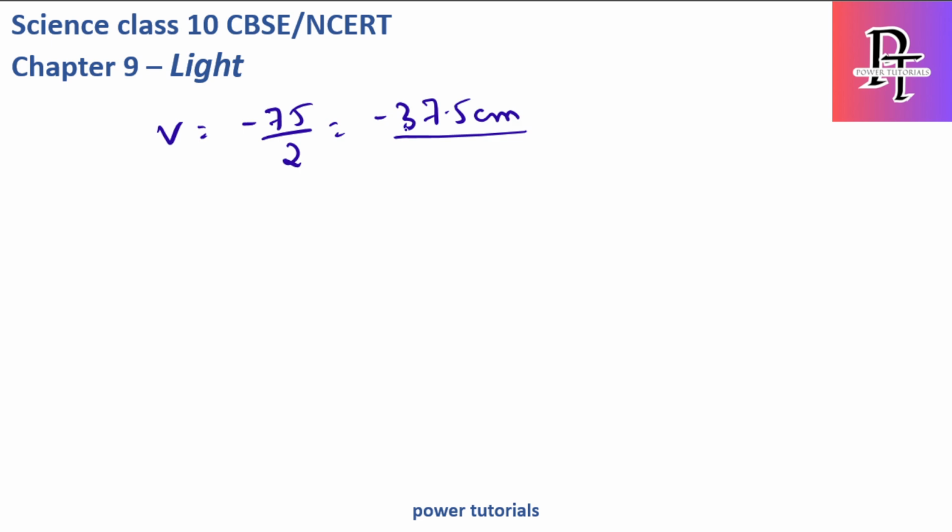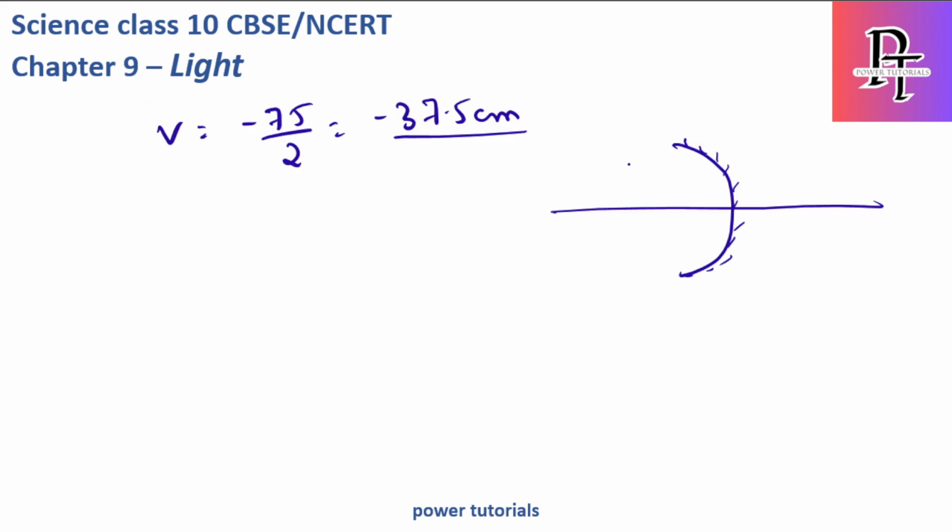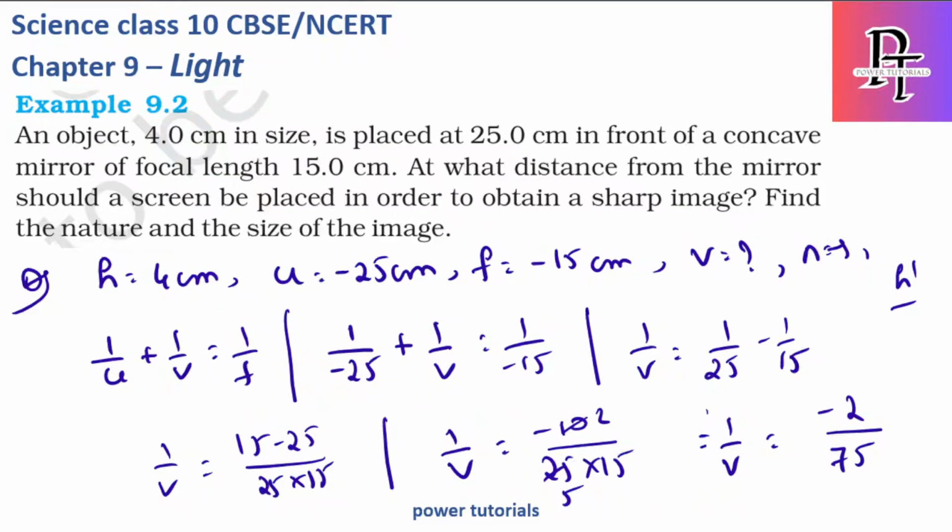As v is negative, you can say that the image is formed on the left side of the mirror. With respect to the concave mirror diagram, it will be something like this. How much is the focal length? Minus 15. Suppose this is f, and this value is 15. What about u?